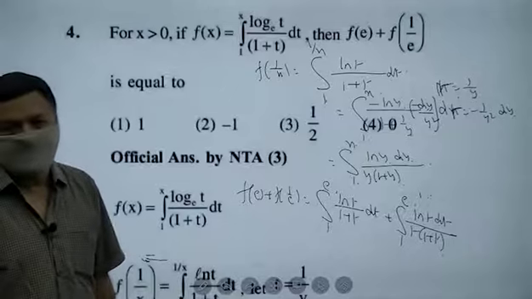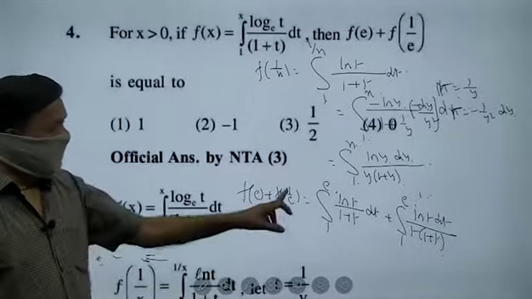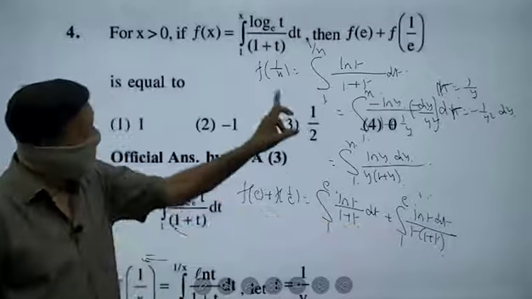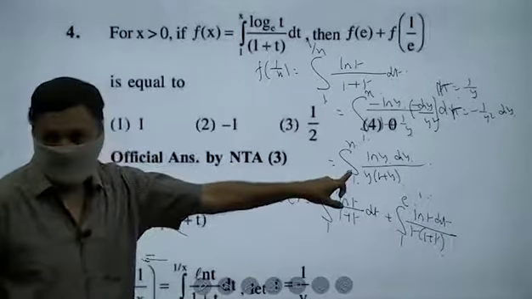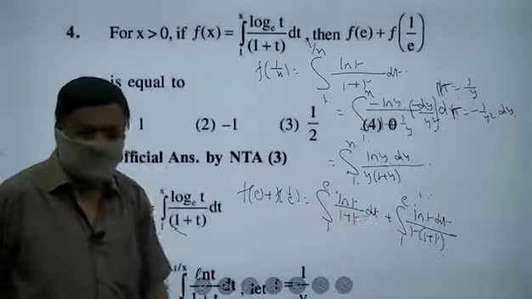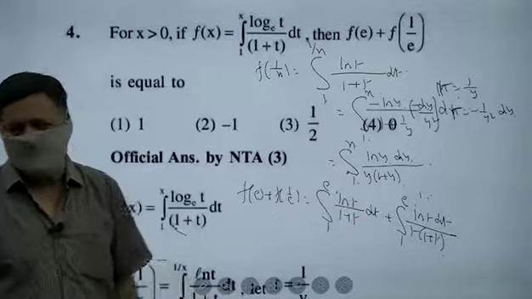You will get like this. f of 1 by e is what? This. So f of 1 by x is this. f of 1 by e is this.